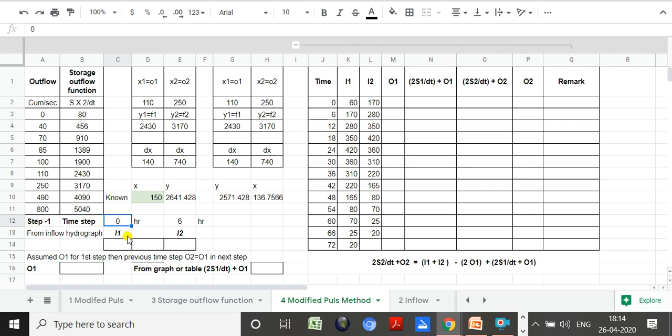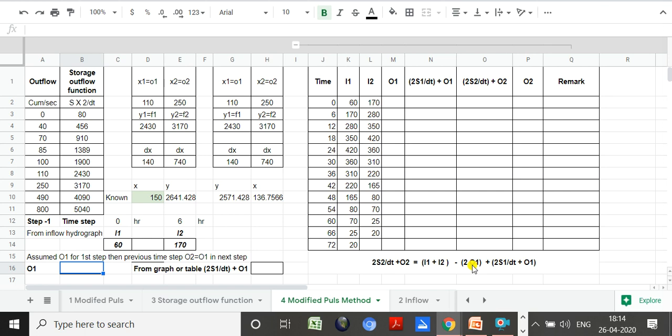From 0 to 6 hour, the corresponding values of inflow are 60 and 170. Now in this equation you can assume the value of the first outflow.